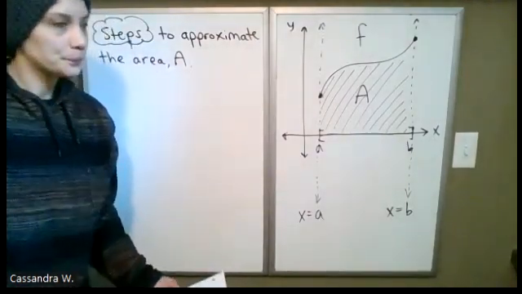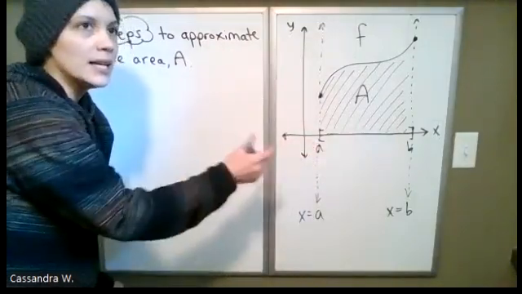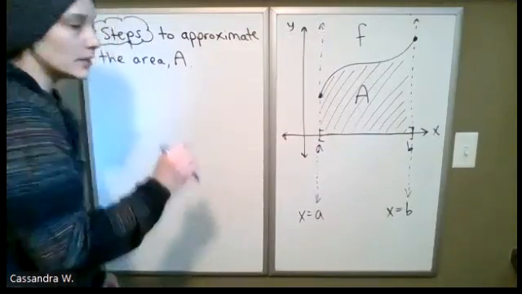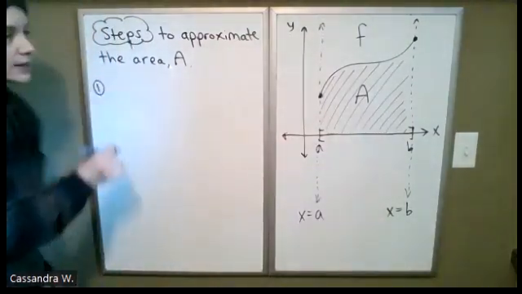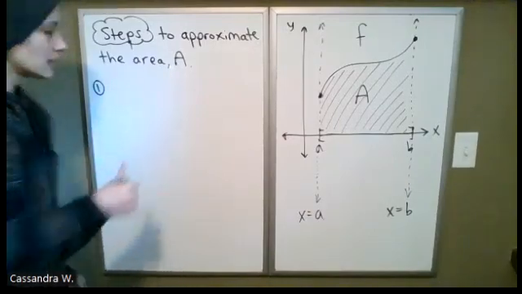First, we're going to take that interval from a to b and split it up into n intervals of equal length. So you're going to partition your interval into subintervals.